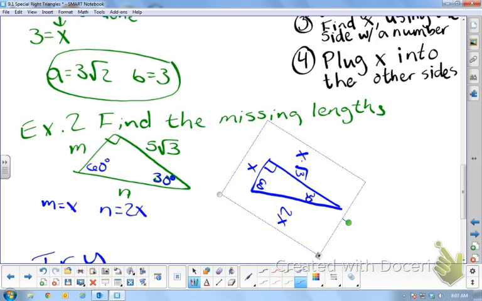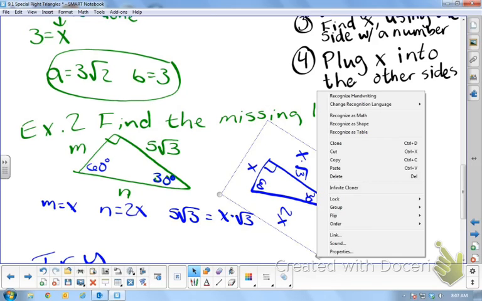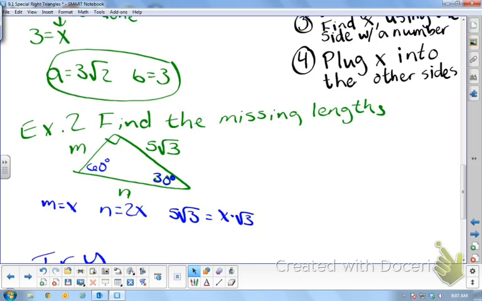What does that go with? X times square root 3. Again, this is not something you need to write down for every problem. You just needed to use it temporarily. So you're going to be looking at those top two formulas in your notes quite often to get all of this information.